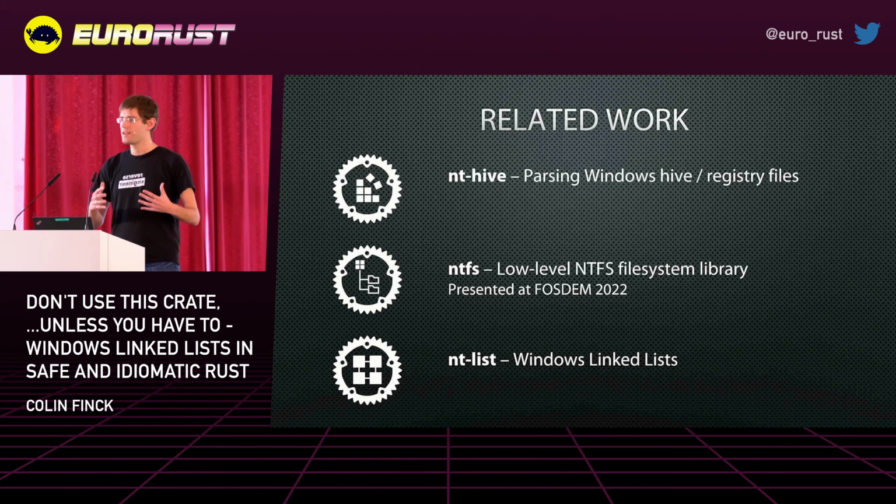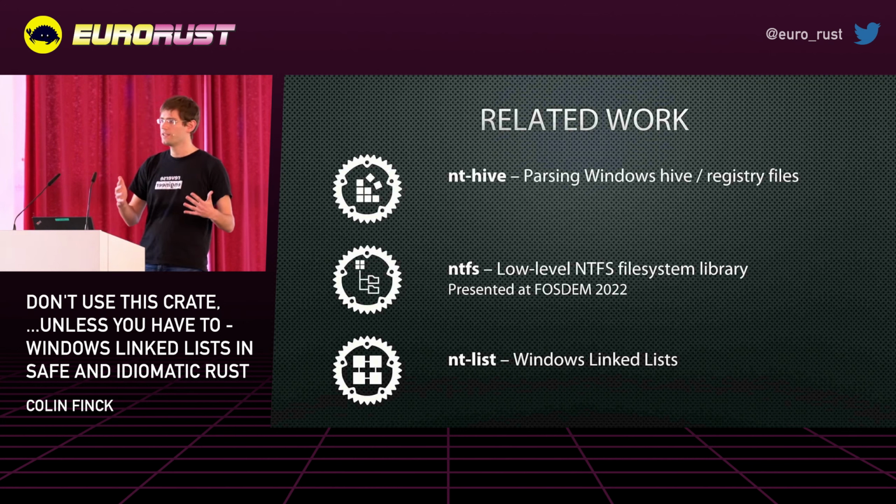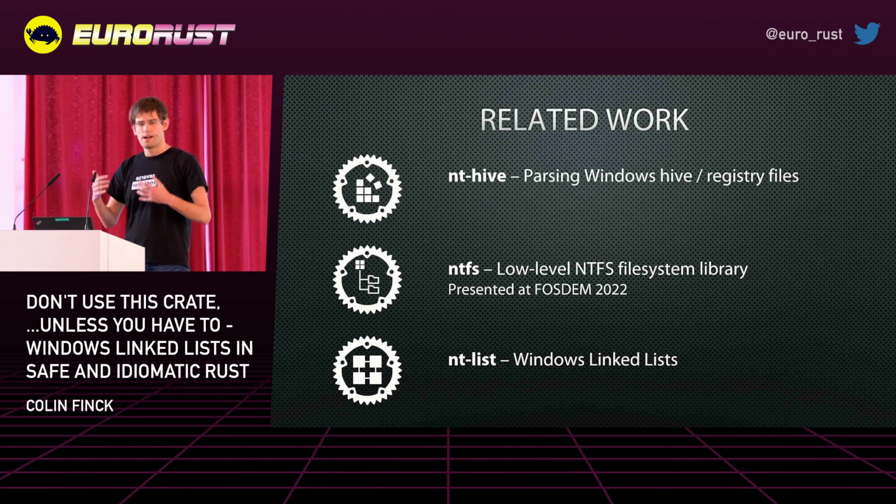And for that project, I decided to build the individual parts as reusable building blocks via Rust crates, because it's so much better, especially when those crates are no_std compatible. So I've released NT-Hive, which is for parsing Windows hive, or registry files.